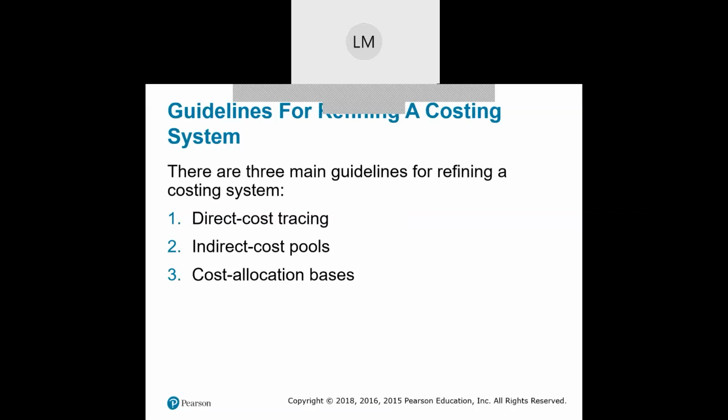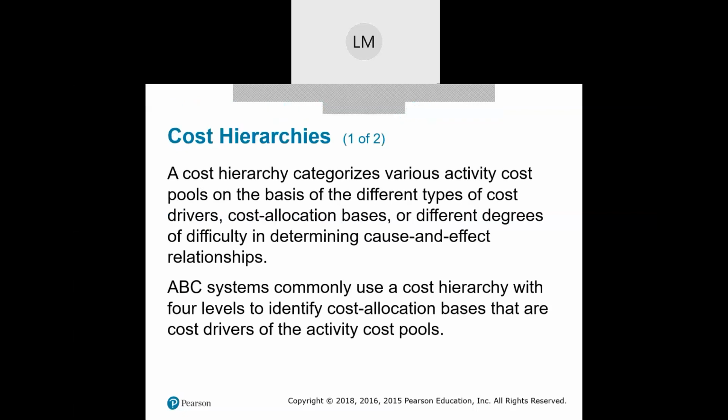So what does that do? That gives us a little more accurate pricing because there's less of the indirect costs, which means there's less room for error. Can we completely eliminate error? No, but we can reduce it as much as we possibly can.